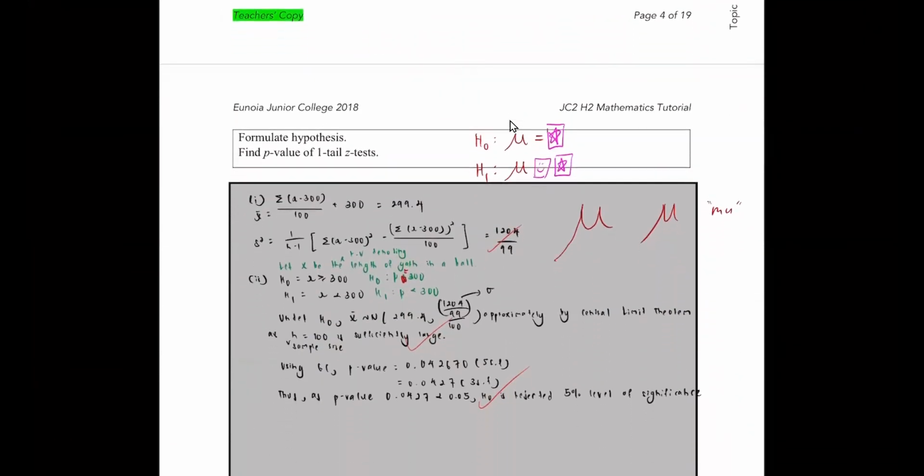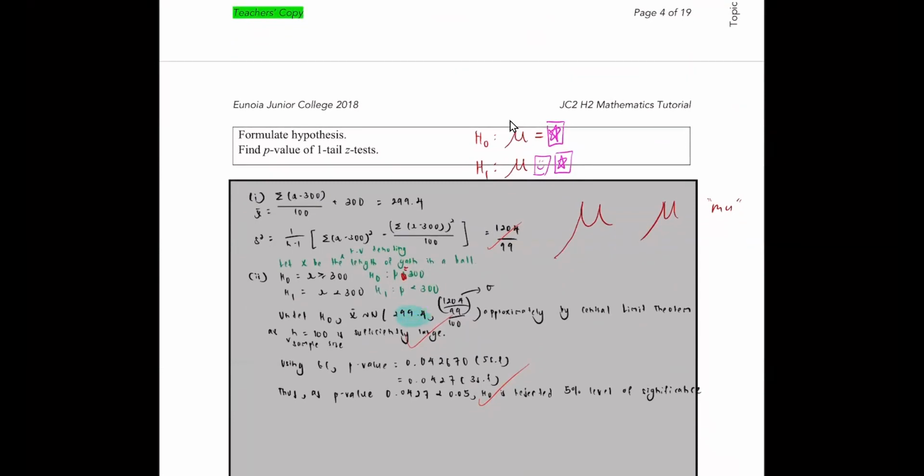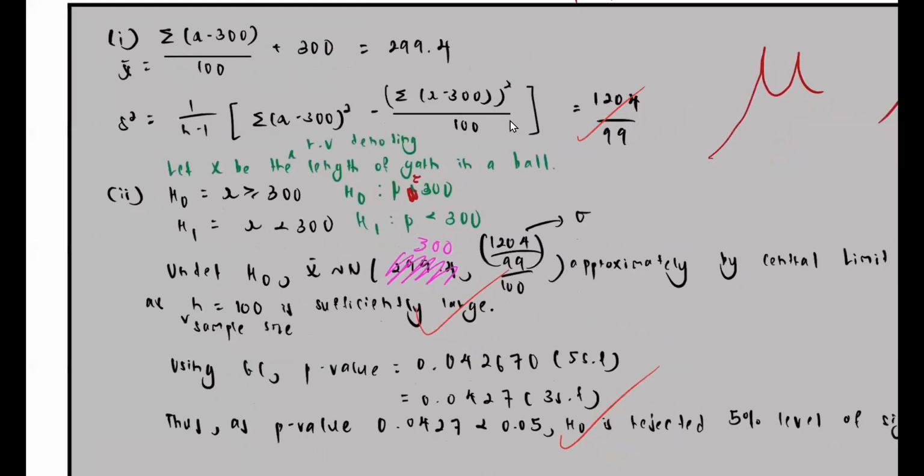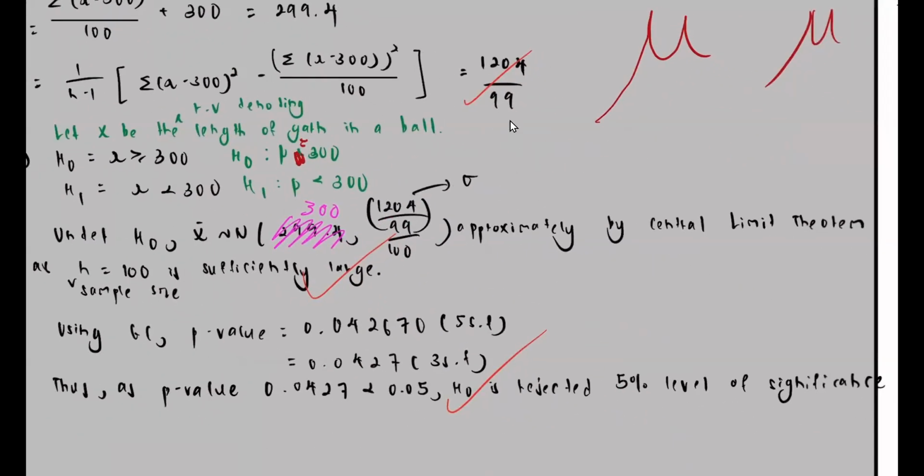Over here, another one. What should this be? Instead of 299.4 here, it should be 300. And then of course, tell me what's the test statistic. It follows N(0,1).